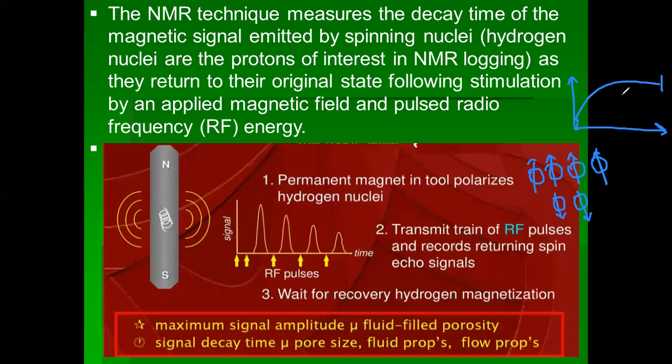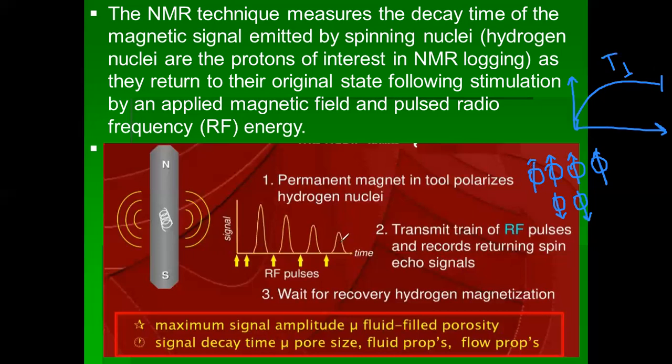This exponential polarization curve will have a time constant called T1. T1 is called the longitudinal relaxation time. So this is the first step: to polarize the randomly spinning proton nuclei within the fluids existing in the pore space.